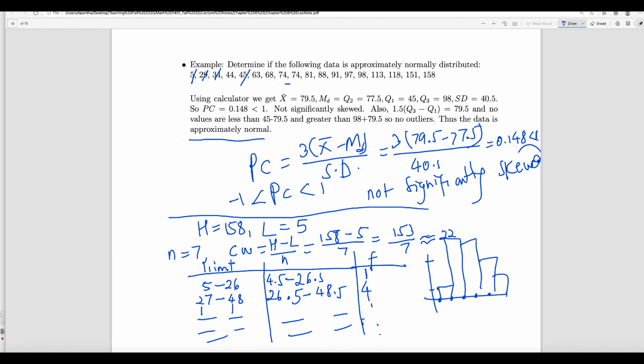If you see that this is approximately bell-shaped, then you can tell that it is approximately normally distributed. There are more sophisticated methods to determine normality, which are beyond the scope of this course. If you take another stat class above this, you will see more methods for determining the normality of data. Okay guys, thank you.